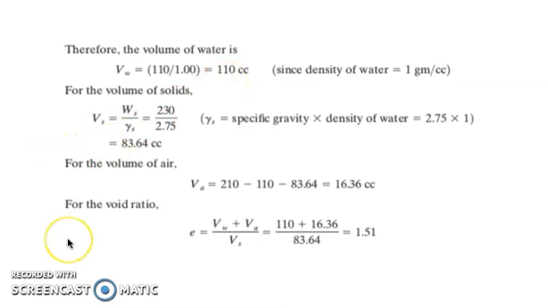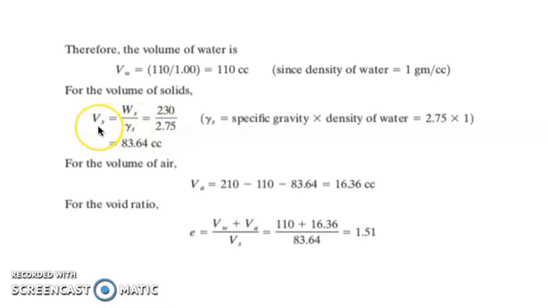Now the volume of the solid is equivalent to the weight of the solid over the unit weight of the solid. The unit weight of the solid is equivalent to the specific gravity of the soil times the density of water. From the problem, our specific gravity is 2.75 times the density of water, which is 1, so we got 2.75 for the unit weight of the solid.